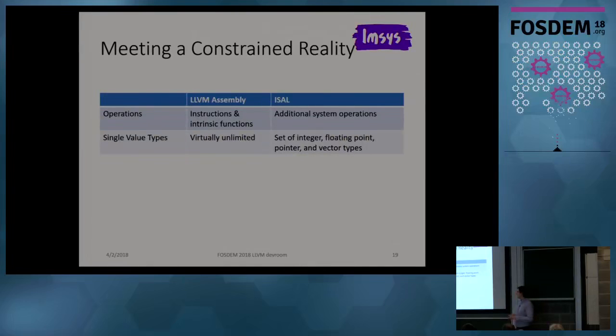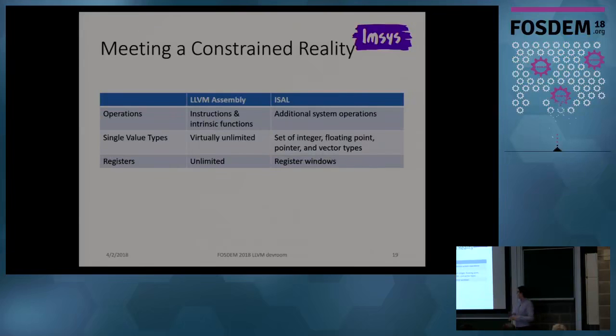So LLVM assembly has virtually an unlimited number of single value types. If you think about it, there are a lot of floating point types and many more possible integer types. Okay, they are typically not used, but they are there in theory. So of course we need to define a set of integer, floating point, pointer, and vector types which we support.